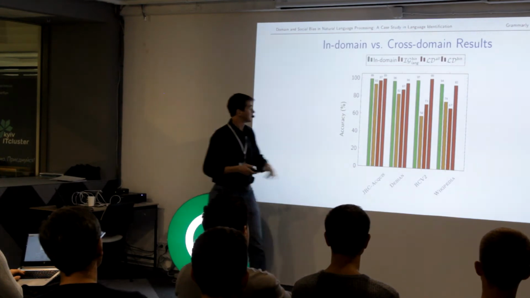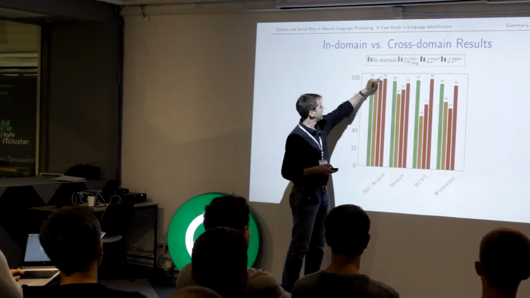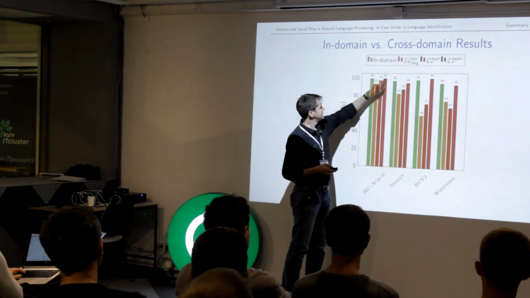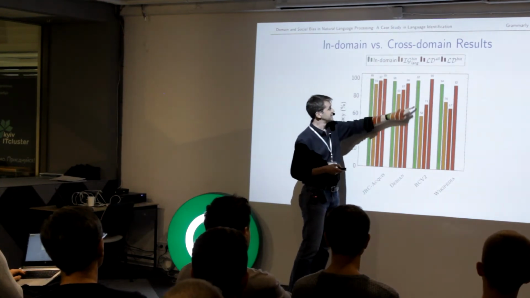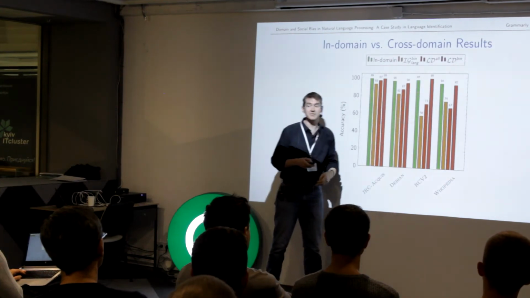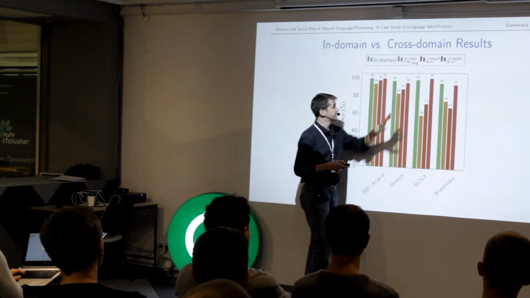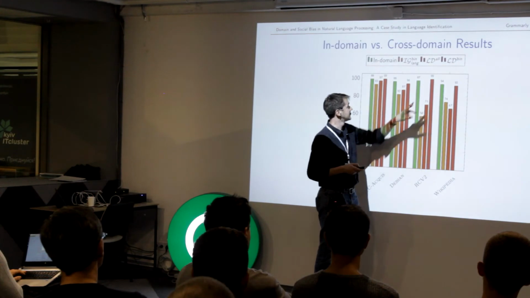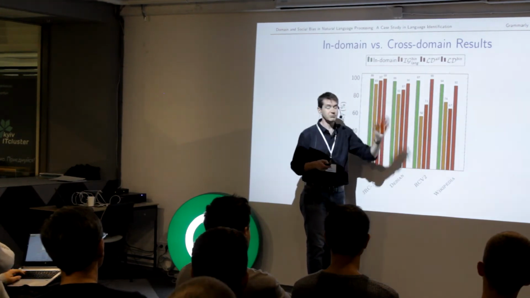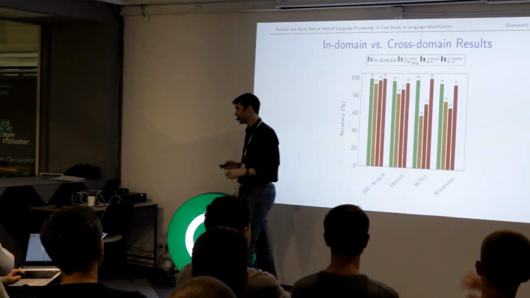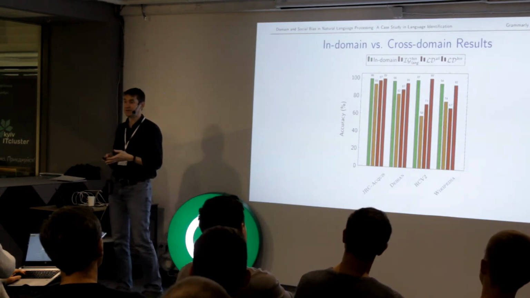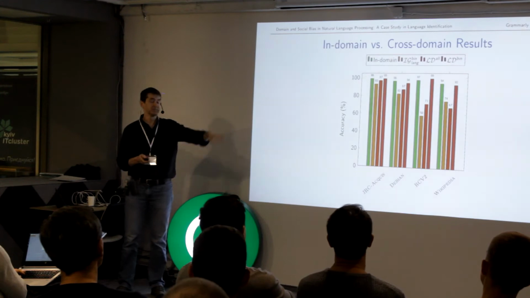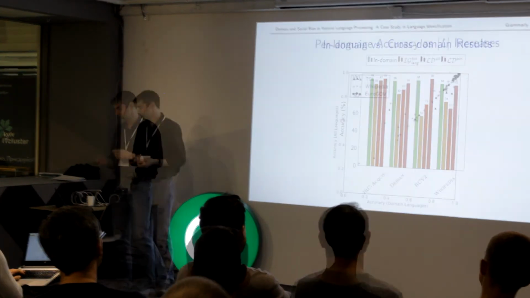And what we're observing is for our data sets, we're either getting exactly the same as if we just did in domain, which is good. In some instances, we actually do better if we do it this way, because we're not overfitting to the training data. If we do get a drop, it's 1 or 2 percentage points. We can probably live with that. So we've both largely maintained our in-domain results and got much better cross-domain results.